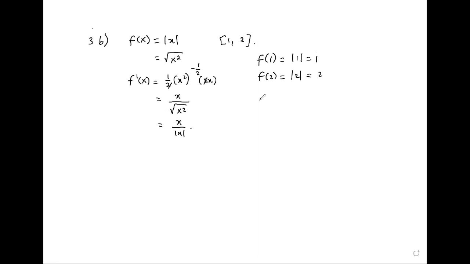So since f of 1 is not the same as f of 2, and these are not equal to 0, the Rolle's theorem is not satisfied. It does not hold in this case. Okay.